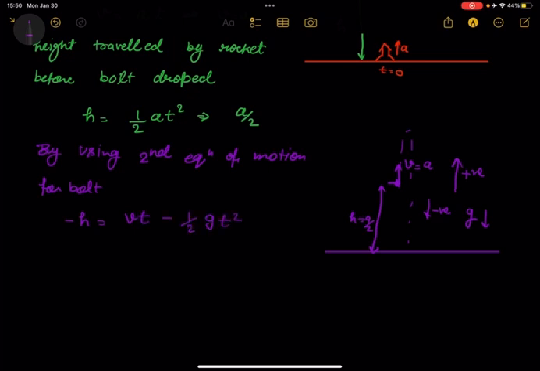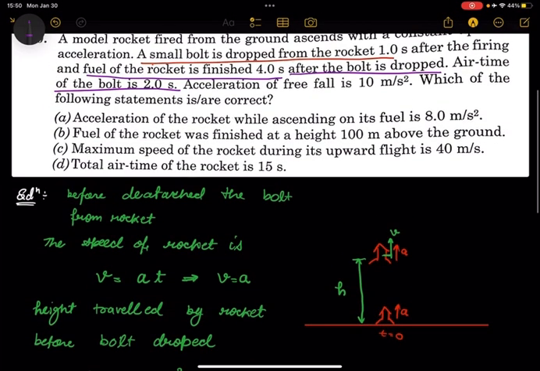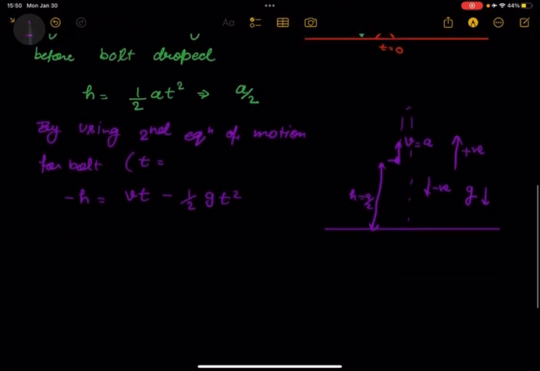The second equation is minus h is equal to vt minus half of g t square, and the air time given in this question is 2 seconds. Putting in the values: minus a by 2 is equal to a times 2 minus 10 by 2 into 4.